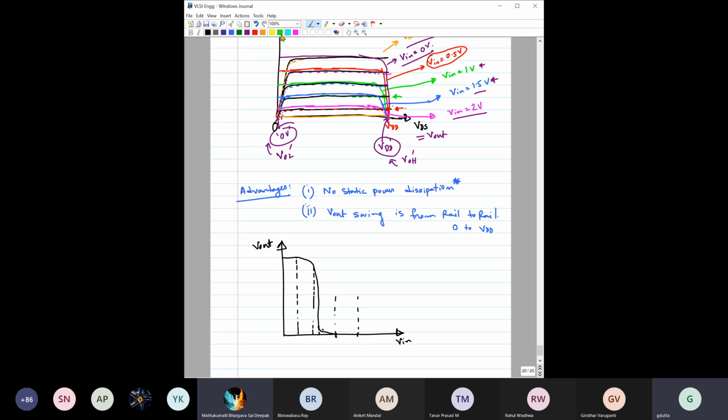Yeah, and let us also indicate the number here. So this is region 1, this is region 2. This is region 3, region 4, region 5. Okay.